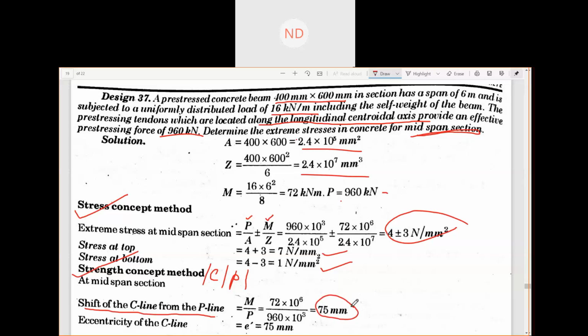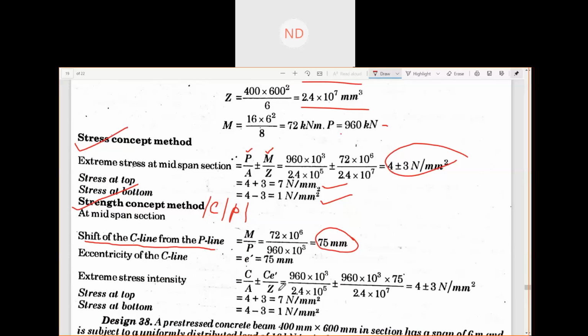Now, what is our eccentricity of the C line from the CG? Suppose this is the beam. We have the CG here, and this is our P line, because the CG as well as the P are on the same longitudinal centroidal axis.